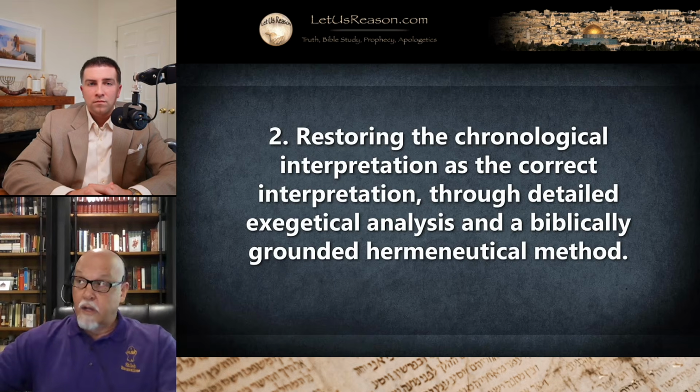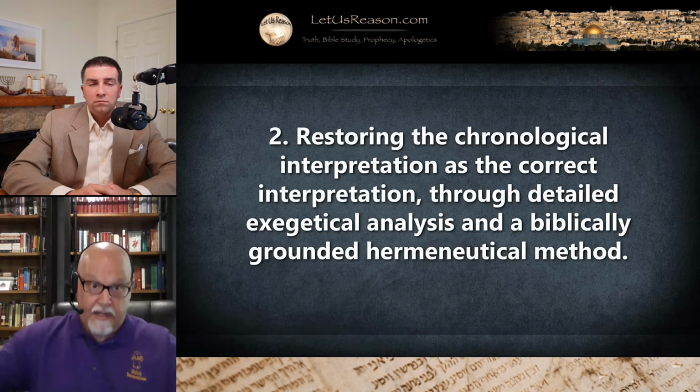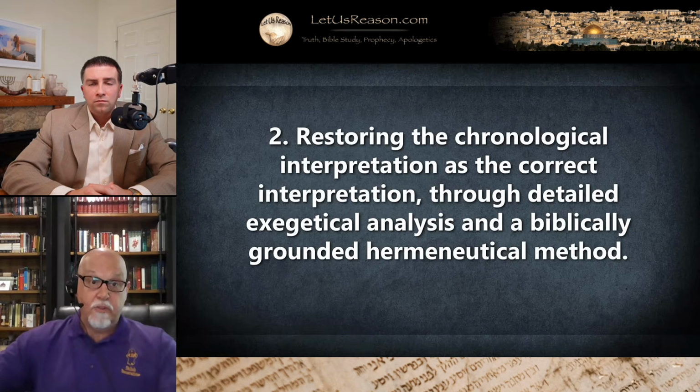That is calculable, and you can get a pretty close approximation to the amount of time that elapsed. That view was held in the church for over 18 centuries and in the Judaism that preceded it. But as a result of Darwinism in the 19th century and the Enlightenment worldview, it was supplanted. And now it is the minority view, but I do believe it is actually the correct view of the biblical text.